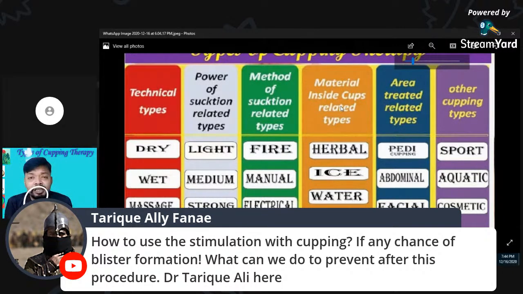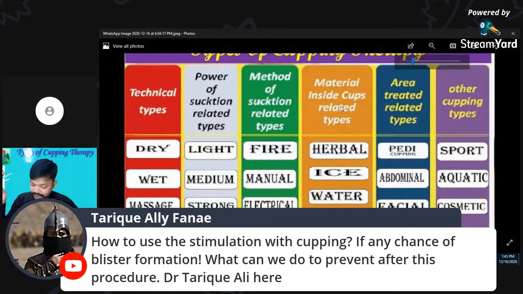If you are using the cup for a massage region, then that is massage cupping. And when you are using the cup set cup and then up, cup then up, that means flash cupping. Then power of suction: we are using this pistol for creating suction or negative pressure.